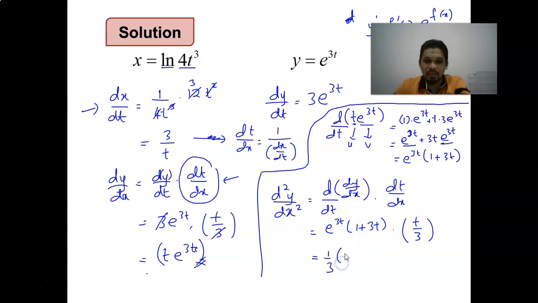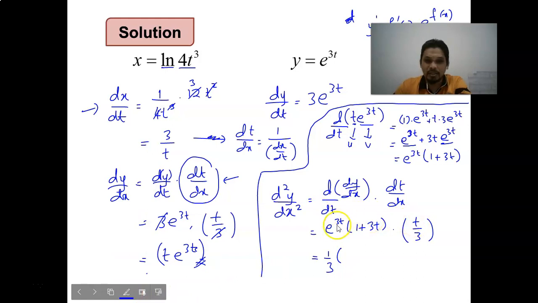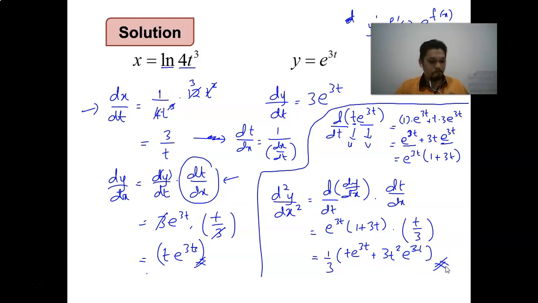Then we get t times 1 t e to the power of 3t plus e to the power of 3t times 3 times t times t, so 3t squared e to the power of 3t. Okay. Next example.